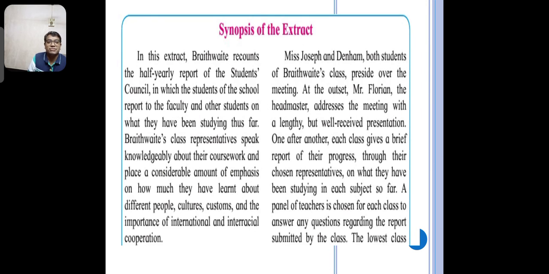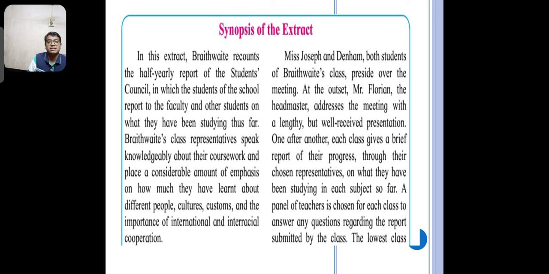Next we move towards the synopsis of our extract. As we know, a novel has at least 200 to 1000 or more pages.